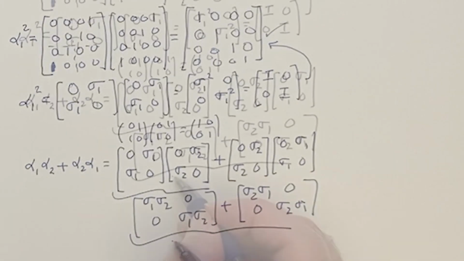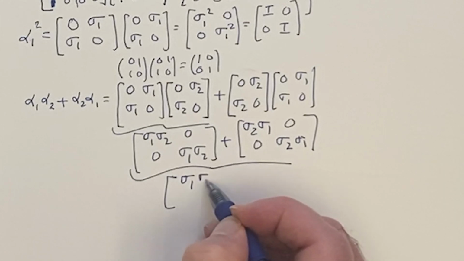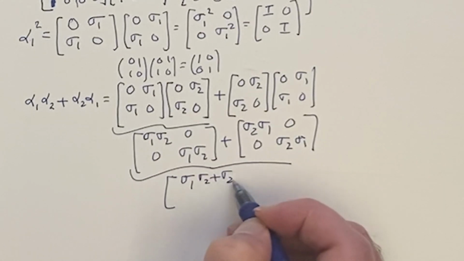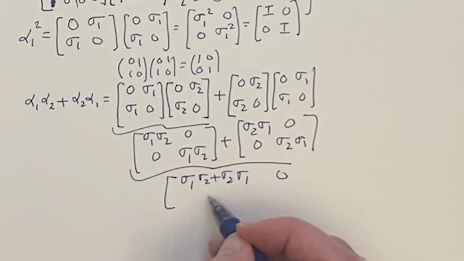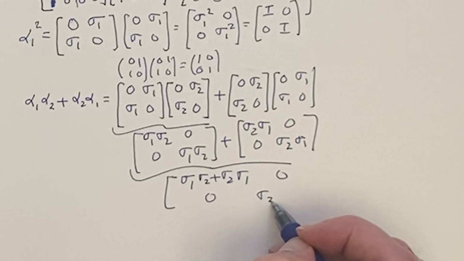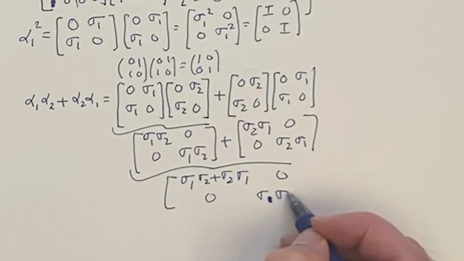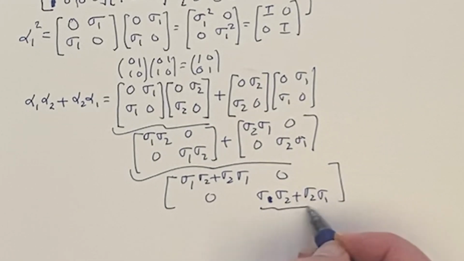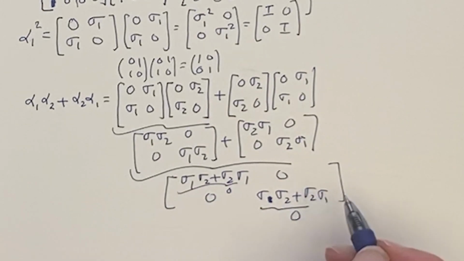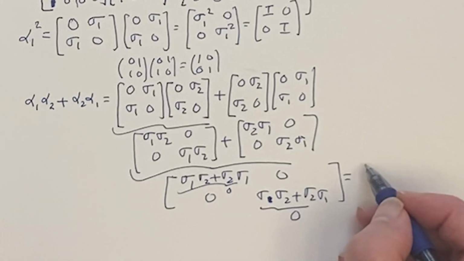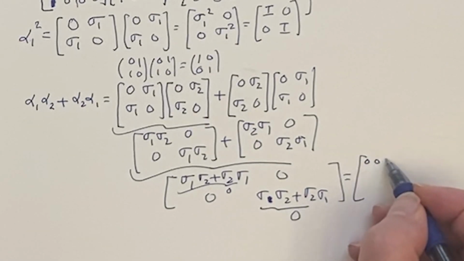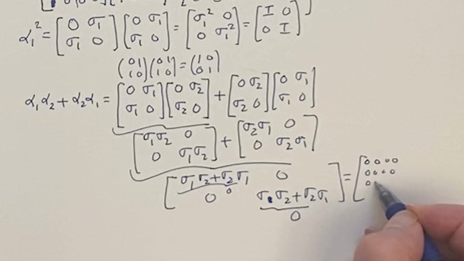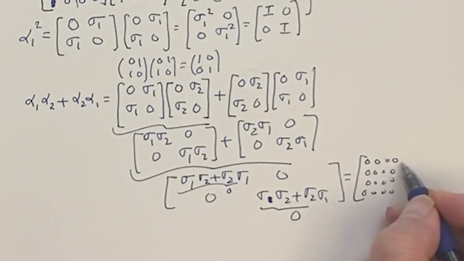So that means up in here you have the anti-commutator. Down in here, you're going to have the anti-commutator. And since the Paulis anti-commute, you get, if you wanted to write it out, a 4x4 with all zeros.